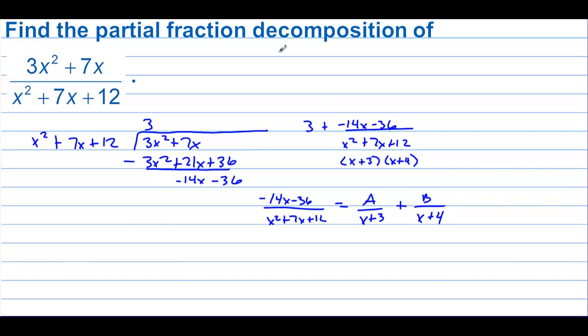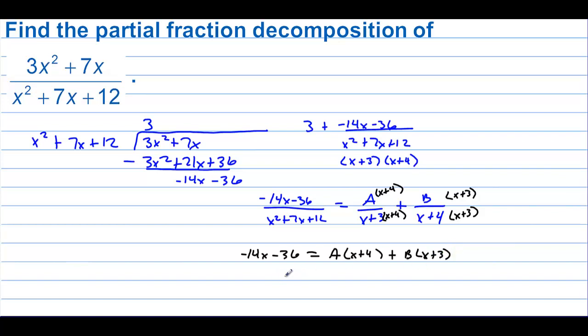Let's get common denominators. We have (x plus 4) over (x plus 4). And on this one, we need to multiply by (x plus 3).